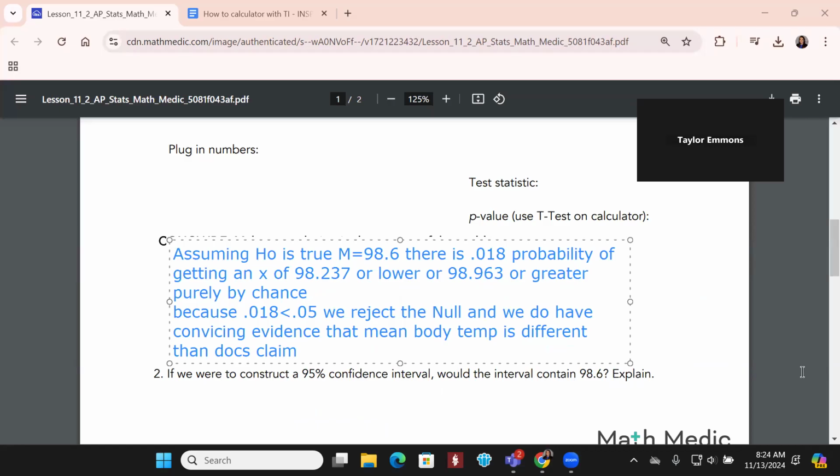So remember that our null is that it's 98.6. Our alternative is that it's anything else, right? We found that it was 98.237 from our data. So the likelihood of that happening, as well as the other side of the graph happening, should help us with figuring out if that's the true mean.